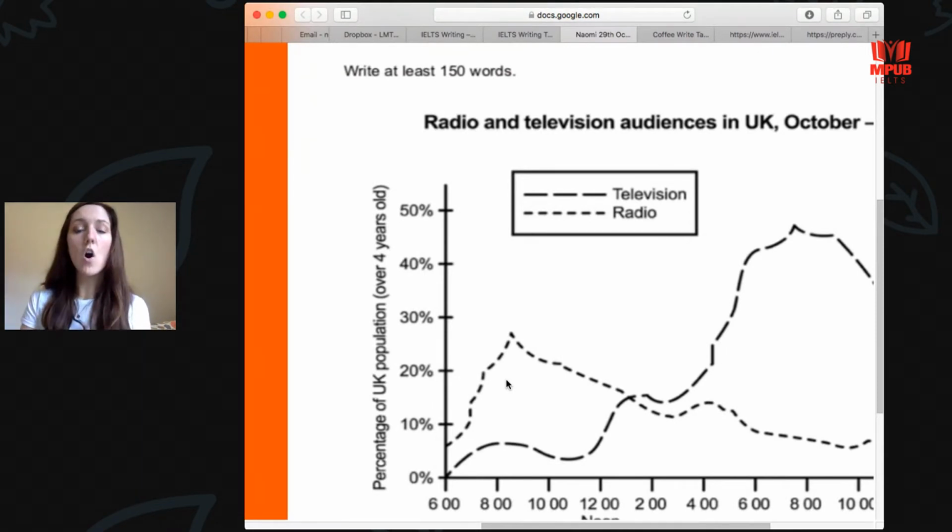Now, I can't tell exactly, can I? Because there's no line drawing here, but what would you say looking at this? I would say it seems that the peak time for radio listeners is at about 9 a.m.